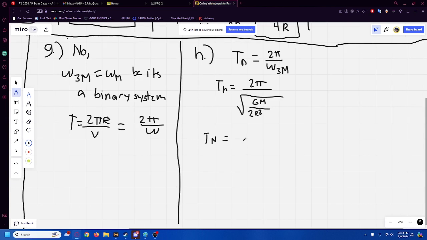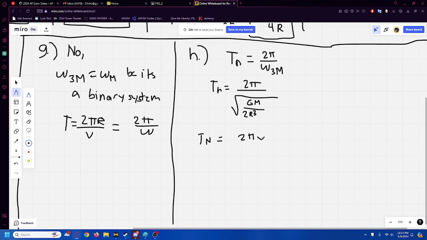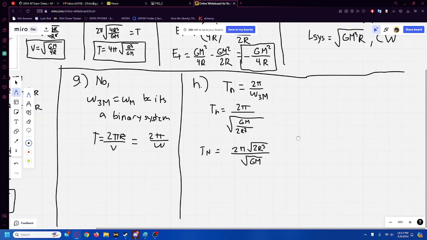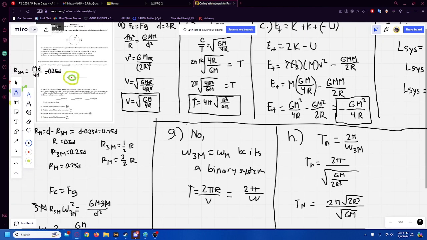You multiply by the reciprocal, so it will be 2π times √(2R³/GM). And then this is the T.